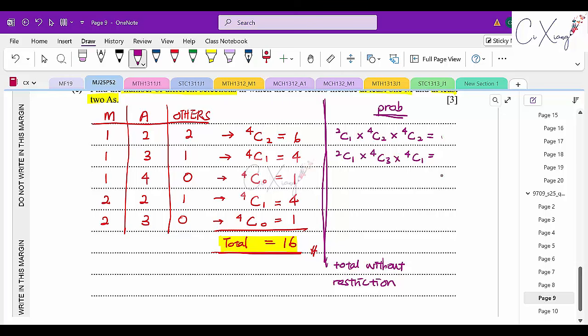So 2c1 multiply with 4c2 multiply with 4c2, I'm having 72 for this one. Then 2c1 multiply with 4c3 multiply with 4c1, I'm having 32. Then the third case is 2c1 multiply with 4c4 multiply with 4c0. 2c1 is a 2, right?